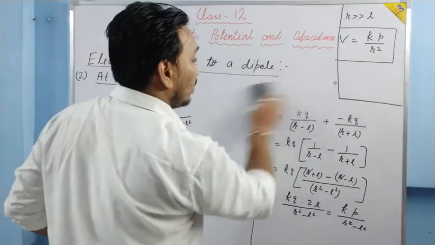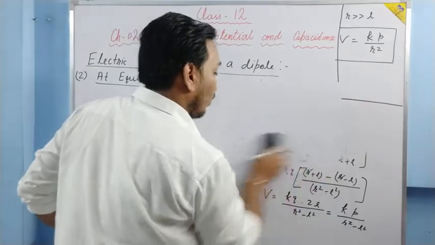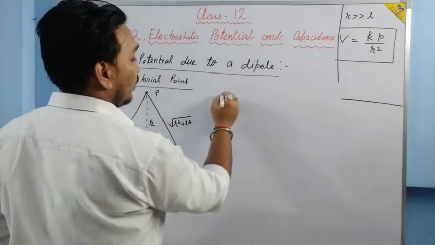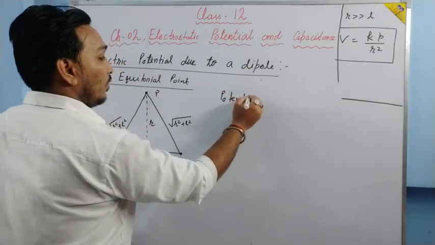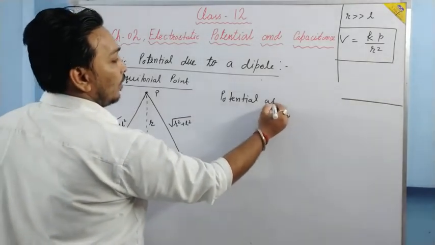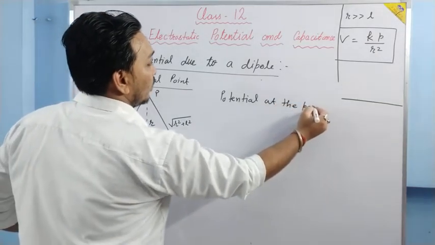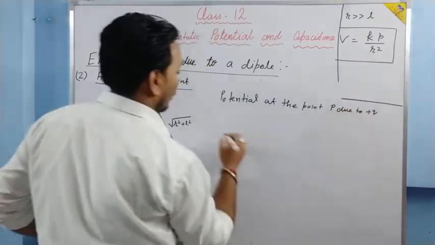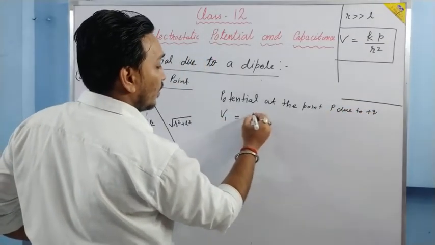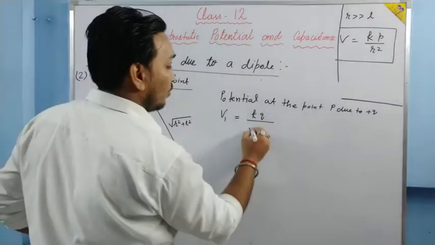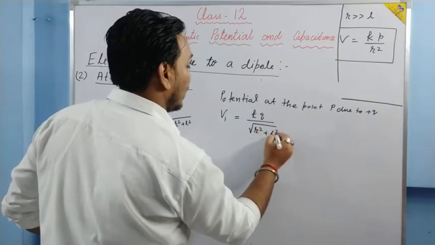Now, what we have to understand here is the potential. At which point do we have to calculate? We have to calculate at P. The potential at the point P due to plus Q is given by K Q upon the distance between these two points, which is under root R square plus L square.